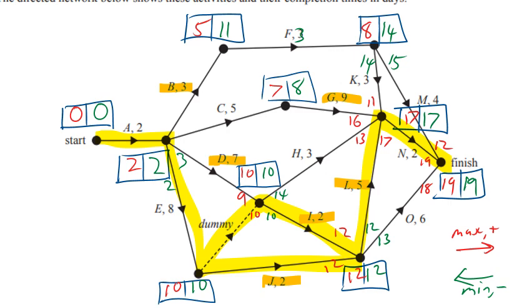Now, normally when you're crashing, you're looking at what you can crash that's on the critical path. And if you crash what's on the critical path, you've got to pay attention to quite a few things, like whether you flip the critical path. Normally when you're crashing, you're actually making more and more things become simultaneous critical paths.